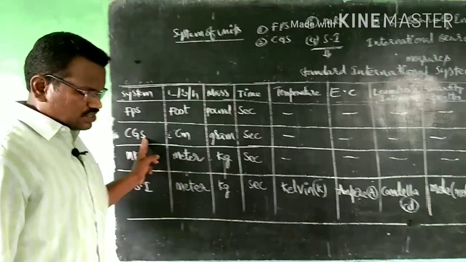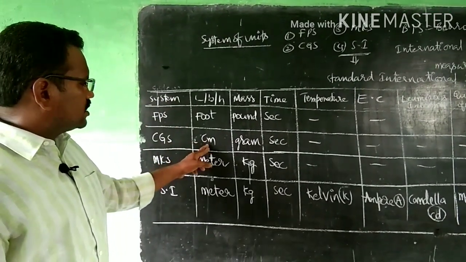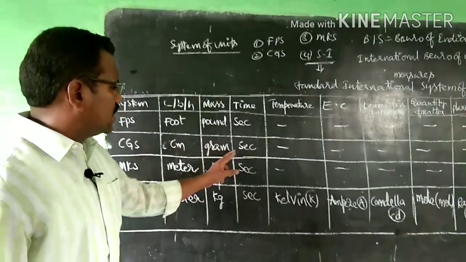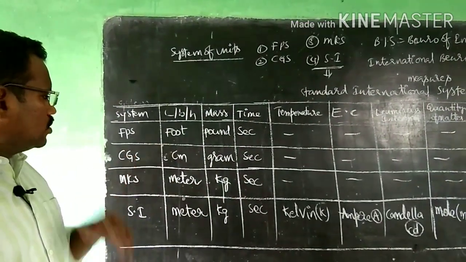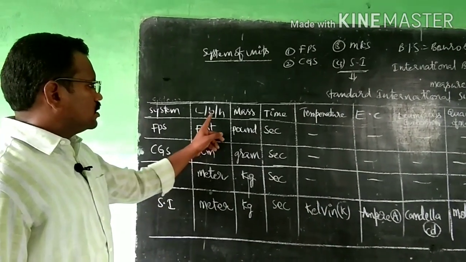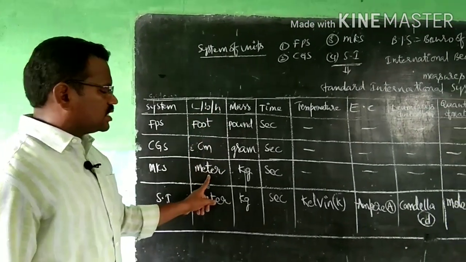Now comes CGS. CGS system is centimeter, gram, second. Now comes MKS system. In MKS system, the unit of length, breadth and height is meter.